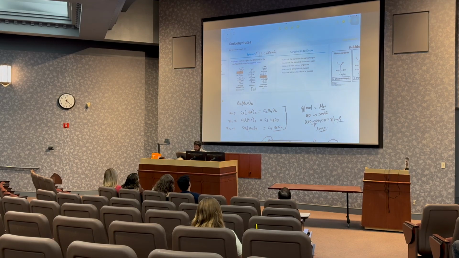The third carbon OH is on the left side, no difference. Fourth carbon, fifth carbon, sixth carbon, everything is fine. Can you see a difference? Here we have a position difference of the hydroxyl group in the second carbon. That's why they are called epimers at C2. And I said epimers are one carbon difference, which means the position of the hydroxyl group will be different at one carbon.